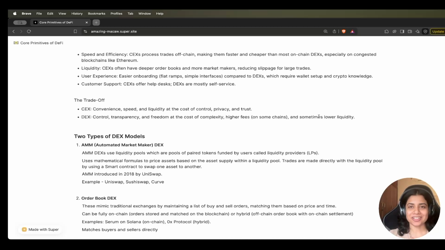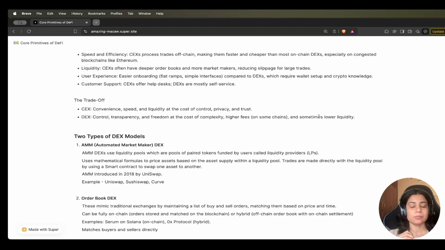Then the second model is the order book. This mimics what we do in traditional exchanges and in the stock market. It maintains a list of buy and sell orders, and then we match them directly on the basis of price and time. In the case of order book DEXs, we have two modes of operating. One is fully on chain, where the orders are stored and matched on the blockchain.